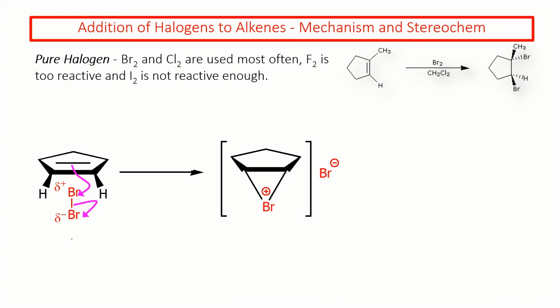So because of sterics, the bromide will attack on the opposite side of our ring, not this side, because the bromine is too bulky.